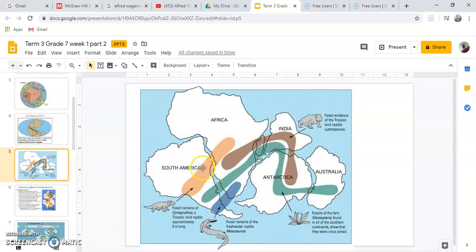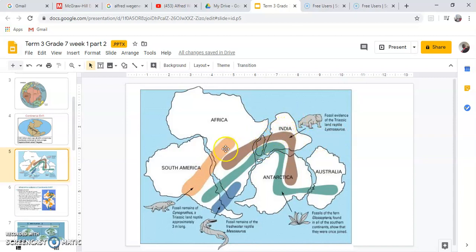Now you can see that the remains of each of these fossils, located underneath the surface of the earth, cut across the various continents of the earth when they were all combined together. For example, if we take this organism, the fossil evidence of the Triassic land reptile, the Lystrosaurus. In the slide I have here, it is represented with the brown color.